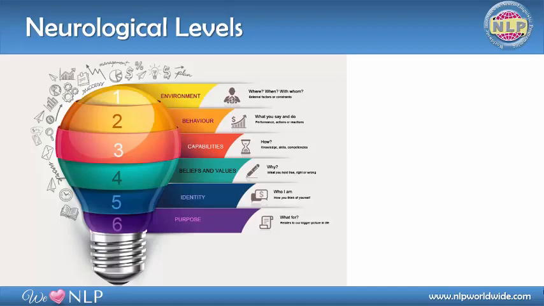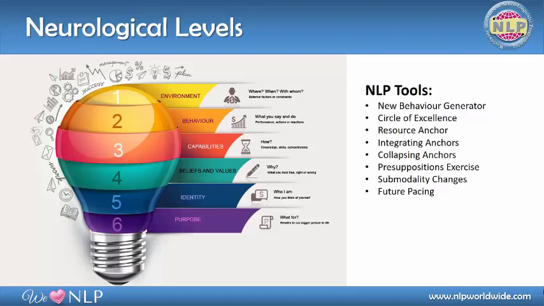As I mentioned before, there's not really that many tools from the environment level of the when or the where or the with whom. Most of the time, especially with Einstein's aspect, if we do have an environmental problem, we need to go to the levels above it to figure out where we need to play. So some of the tools that we can use for the level of behaviors, remember behaviors are what you do. We can utilize these tools. And I won't go into what they are. If you're already NLP trained, you can jump into your NLP manual and review some of these.